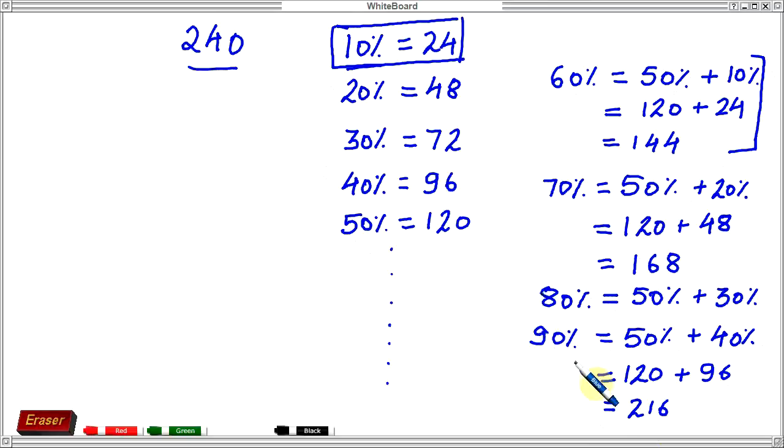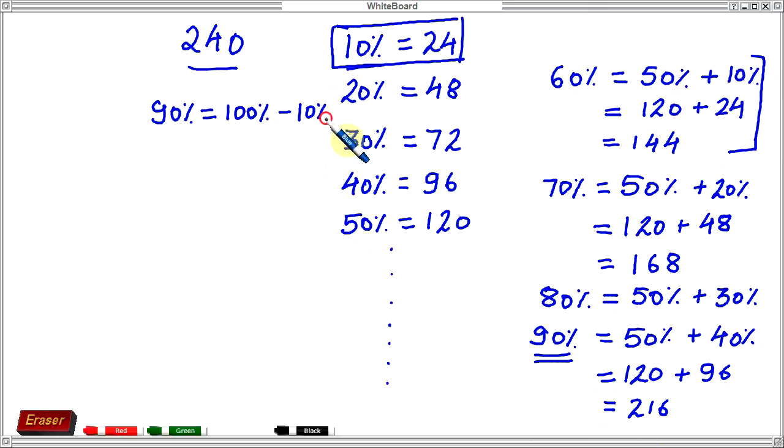Okay, before wrapping up, I just want to ask one question. Can you think of a smarter way to calculate 90%? In fact, there is a smarter way to calculate 90%. Let me write it over here. 90% can not only be taken as 50% plus 40%, it can also be taken as 100% minus 10%.